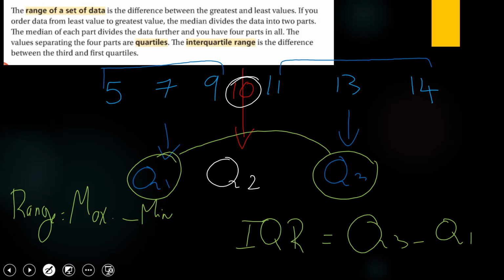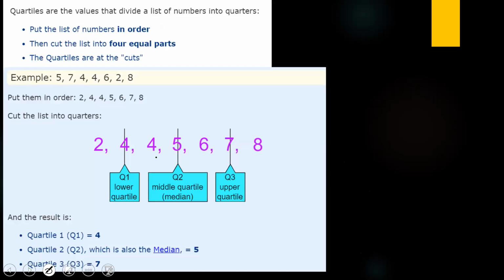Yes, teacher. Okay, let's talk about these examples here. Quartiles are the values that divide a list of numbers into quarters. What you have to do first is list the numbers in order. Then you have to cut the list into four equal parts, as we did before.